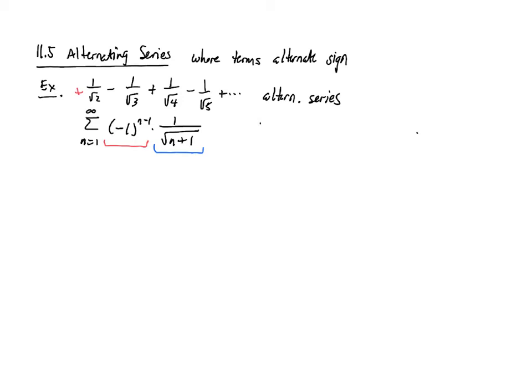Now, alternating series are, in some senses, much nicer than the positive series that we dealt with earlier. There's a very nice test for the alternating series, and it's called the alternating series test.